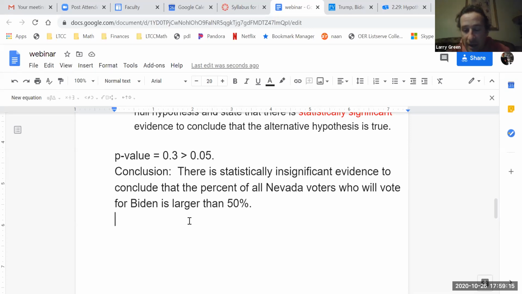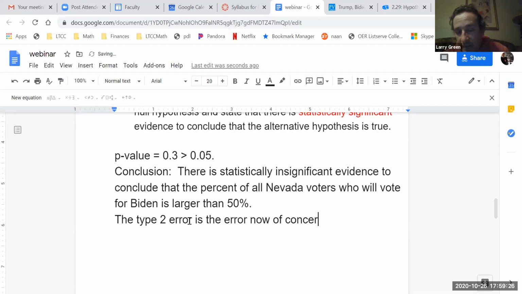So the type 2 error is the only error now of concern. They were both of concern before we started, but now that we actually have our outcome, it's a type 2 error that's a possibility because we failed to reject.